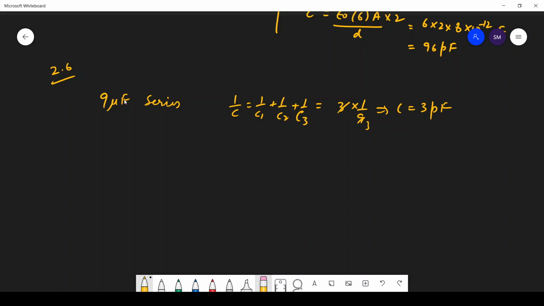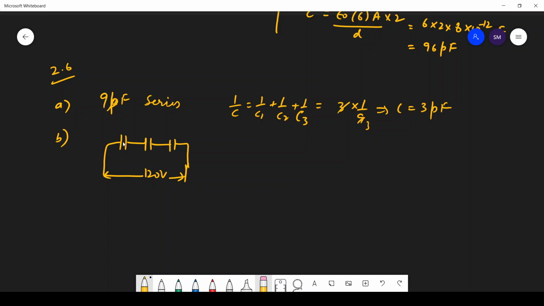So it's pico. Okay, so this was part A, and part B is: what is the potential difference across each capacitor when the combination is connected to a 120 volt supply. So it is connected to 120 volt.